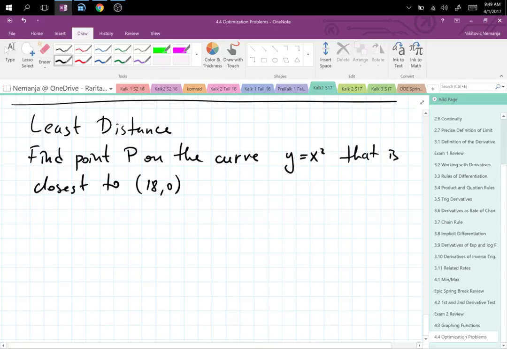So I have this x squared thing, and now this is just x squared, so we know it lives on the right of the origin, and then you have a point 18, 0 somewhere, and we are trying to find this mysterious point where this distance d is what? Minimum. Exactly. So this is what we're doing.